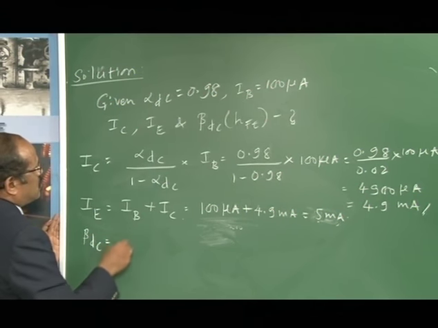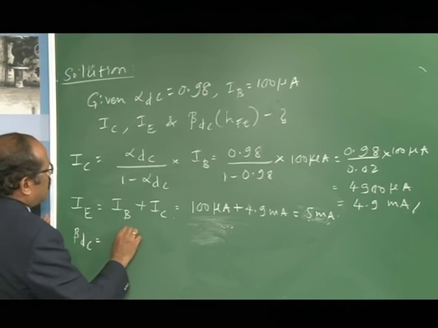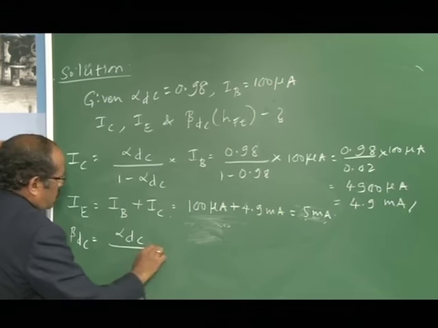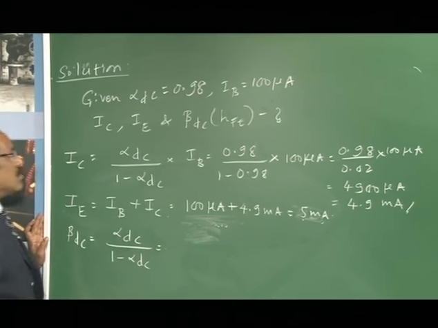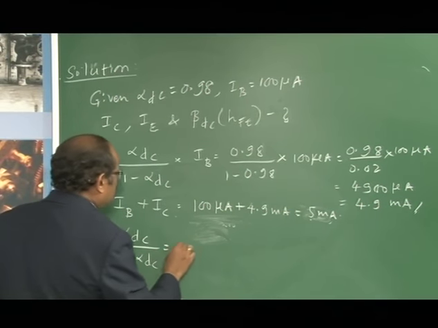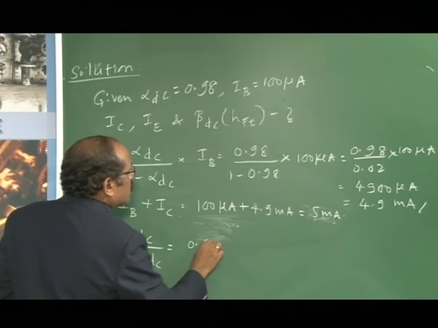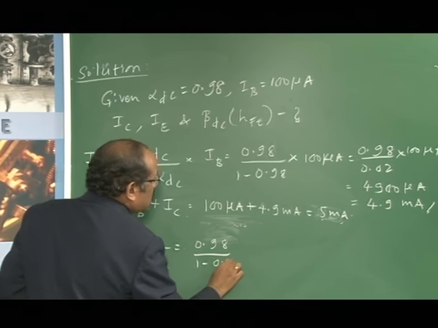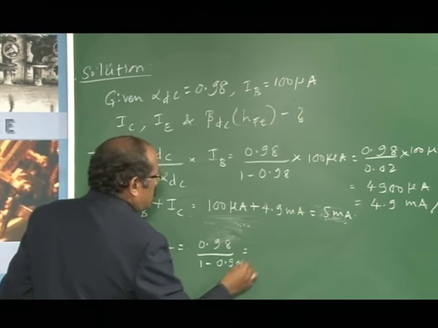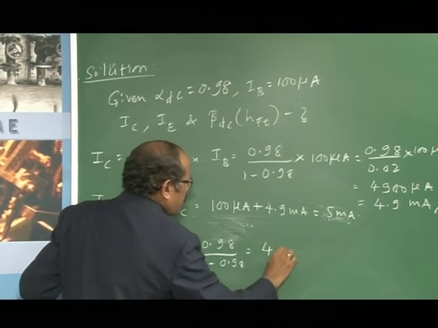Finally the beta DC we need to find out. You can simply use alpha DC divided by 1 minus alpha DC. Substituting 0.98 and 1 minus 0.98, this comes to 49.